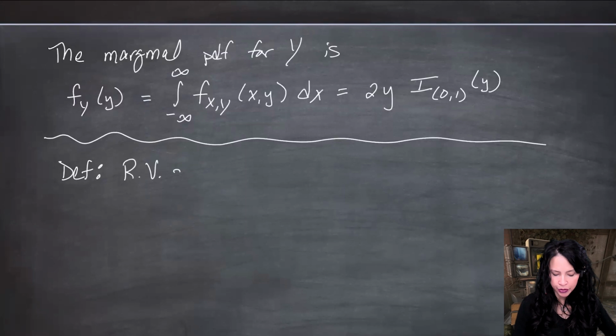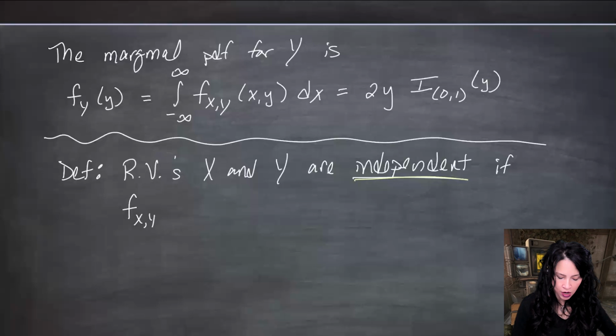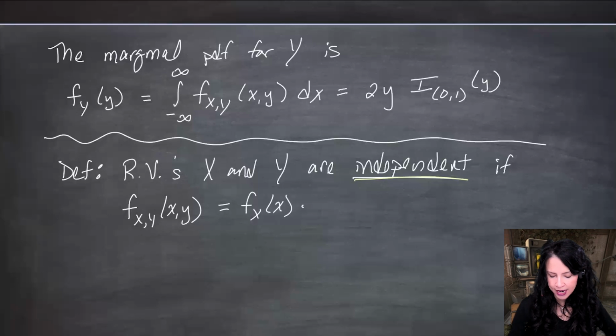Random variables, whether discrete or continuous, x and y are independent if the joint PDF for x and y factors into the marginal PDF for x times the marginal PDF for y.